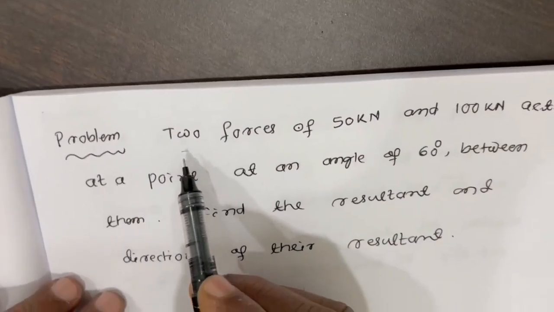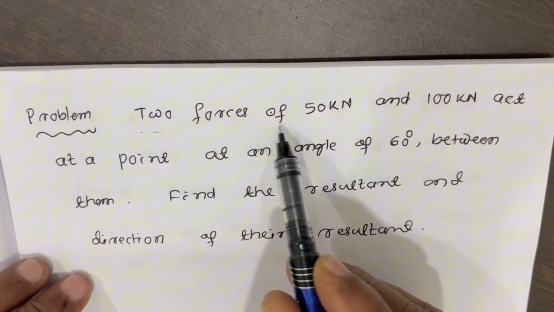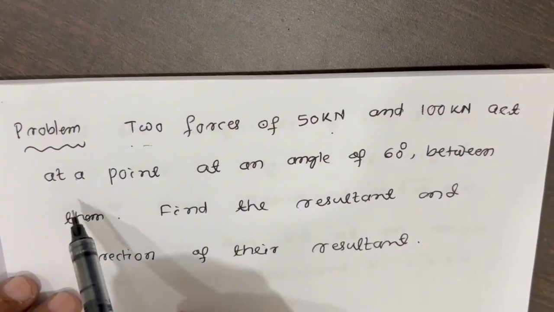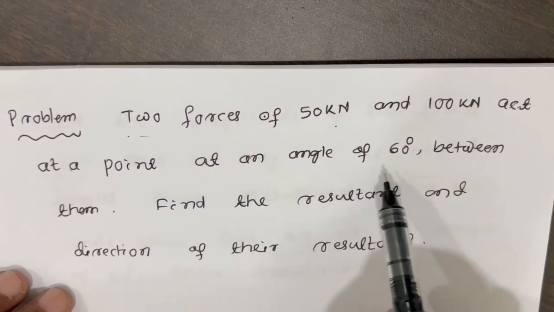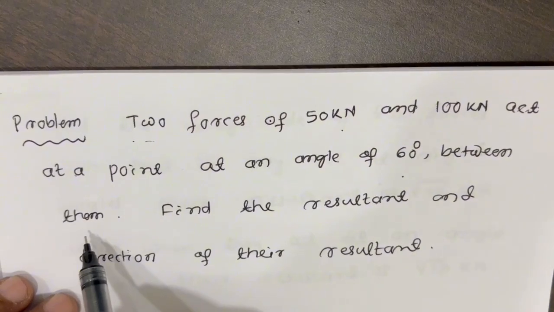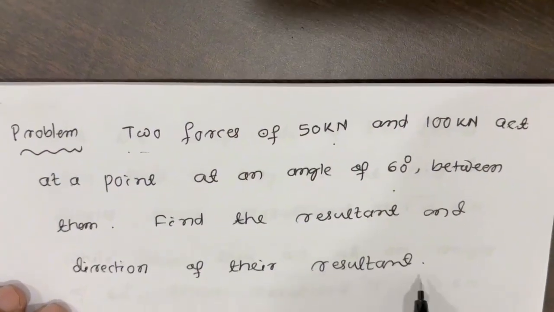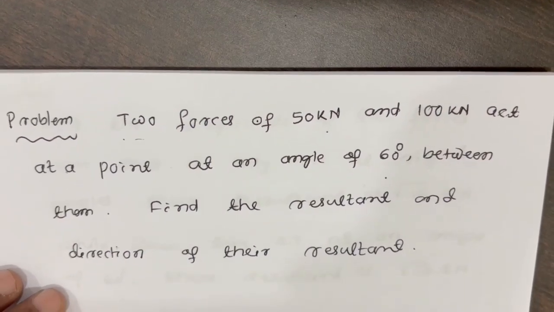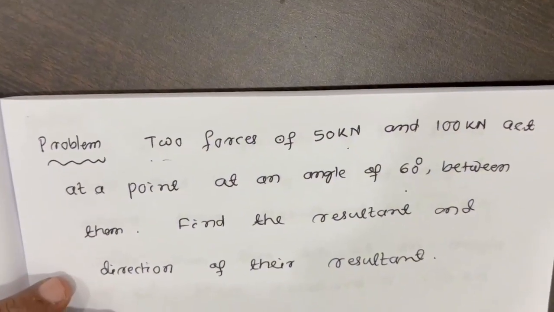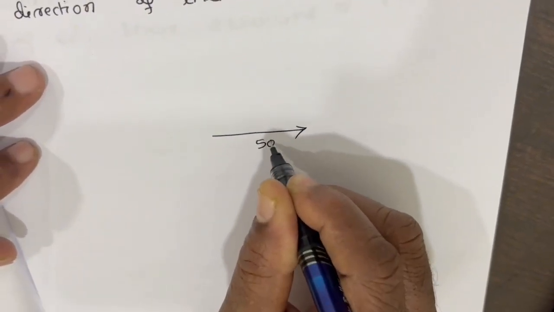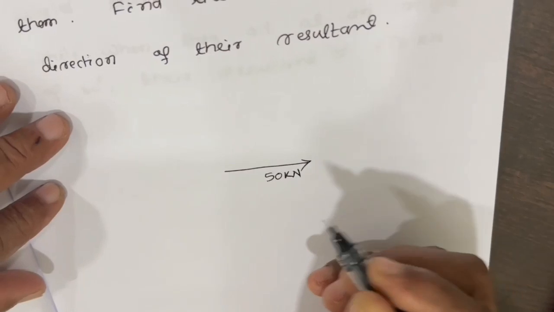First question is like that: two forces of 50 kN and 100 kN act at a point at an angle of 60 degree between them. Find the resultant and direction of their resultant. First we draw the diagram. This is 50 kN, one force.